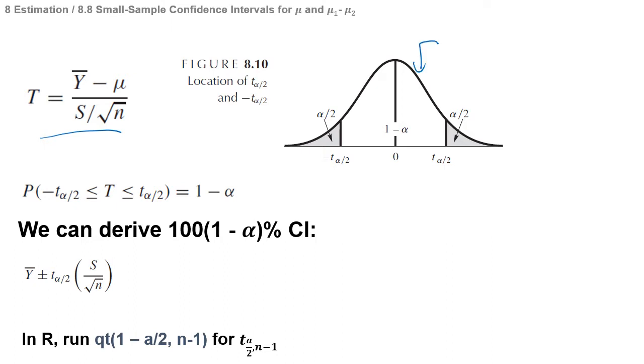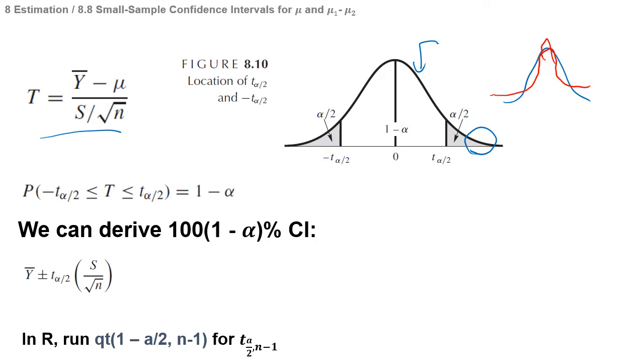Actually, the t distribution is very similar to a normal distribution, so the derivation is also very similar. The only difference is that the t distribution has a little fatter tail than the normal distribution. So if this is the normal distribution, the t distribution has a little fatter tail.